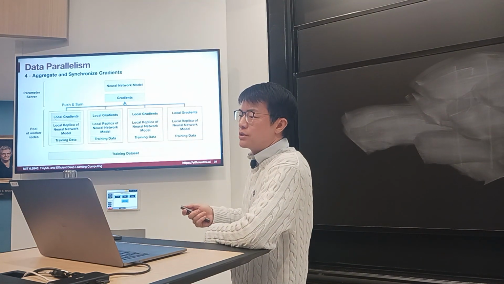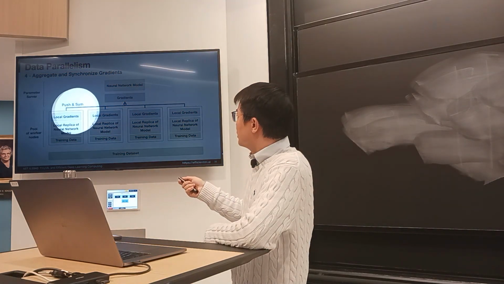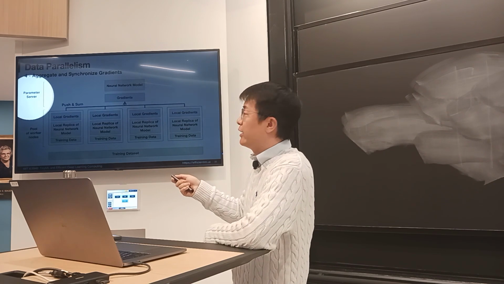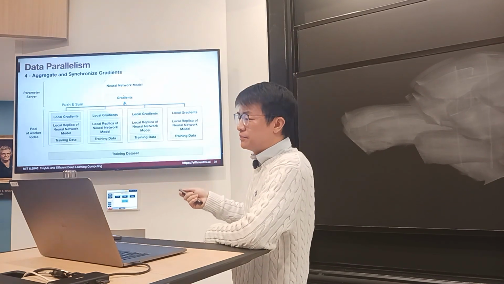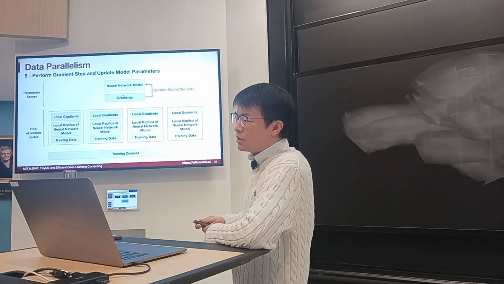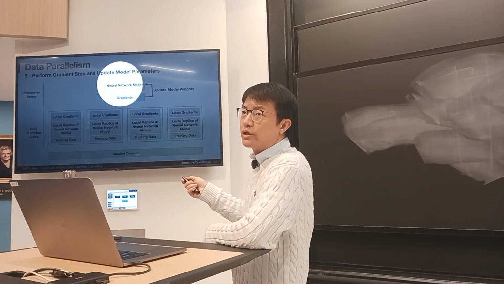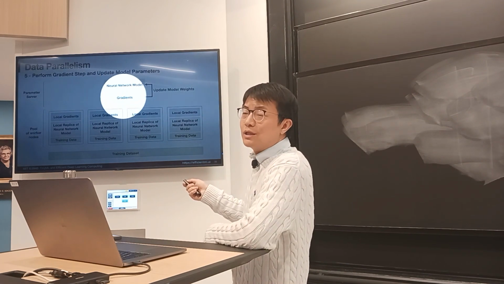What they do is they push the local gradient and sum them up to the parameter server. Okay, so we have the parameter server right here. And the parameter server is responsible for updating the neural network model with the gradient.